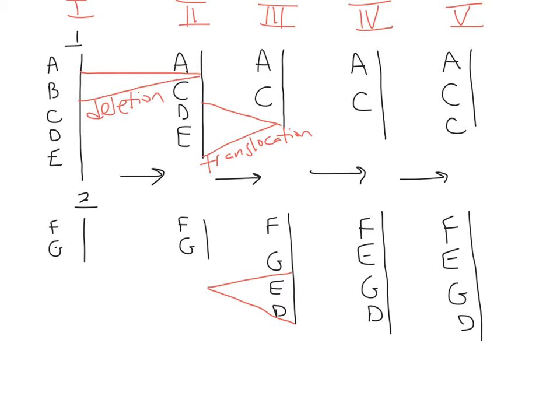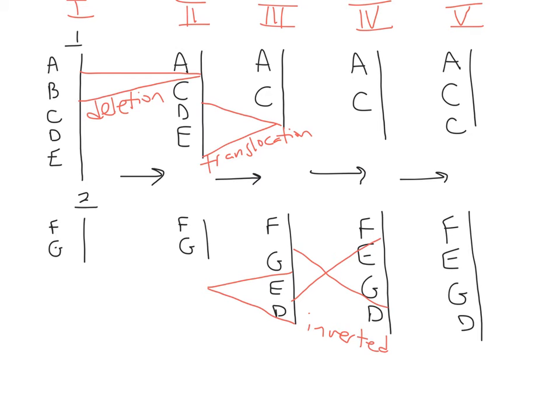And then from step 3 to step 4, the order in step 3 was F, G, E, D. Now the order on chromosome 2 is F, E, G, D, which makes it look like the loci E and G have flipped their orientation, or inverted. This is evidence of an inversion.